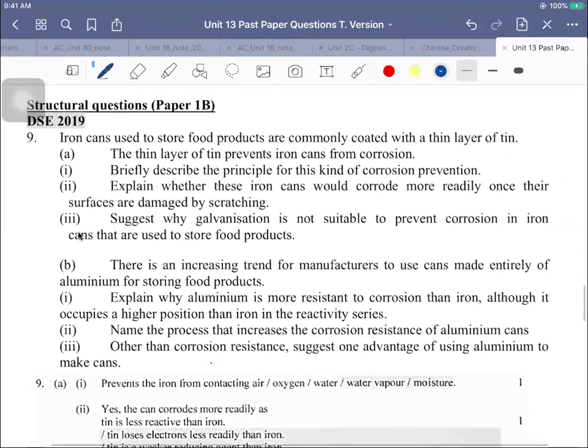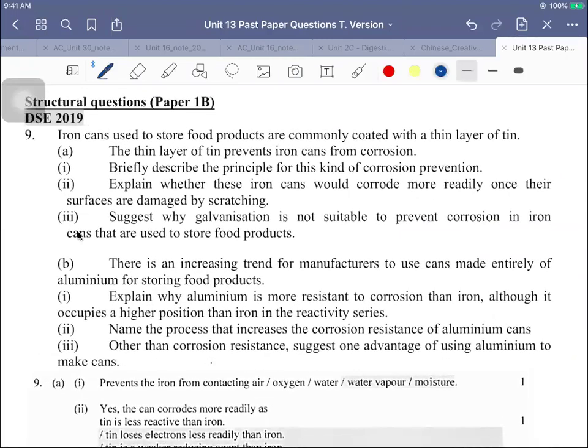For the structure questions, for most of them you get the idea, but you need to pay attention to your writing, how to write the keywords, and try to use scientific language to answer those questions. The first one: the thin layer of tin prevents iron cans from corrosion.